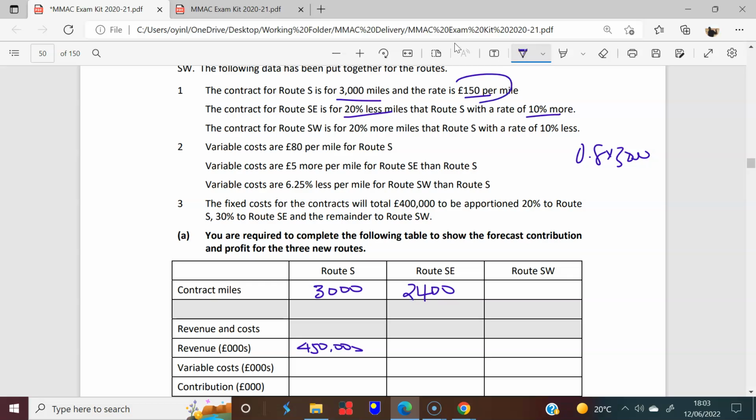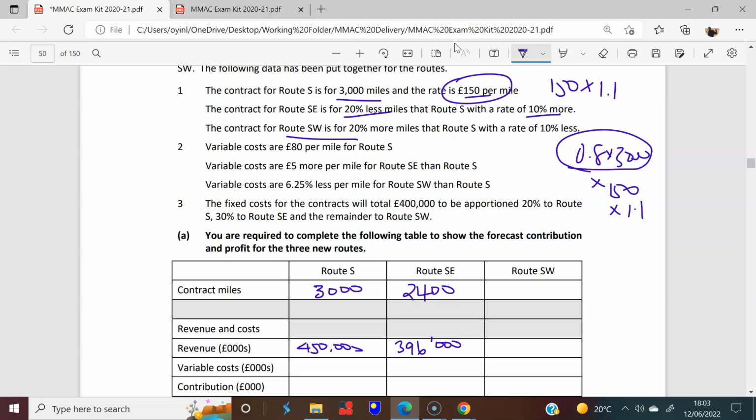So you're currently at 150, and 10% more is adding 10% of 150 onto that, so you could just multiply by 1.1. So we're saying 2,400 miles times 150 times 1.1, and that takes you to 396,000.